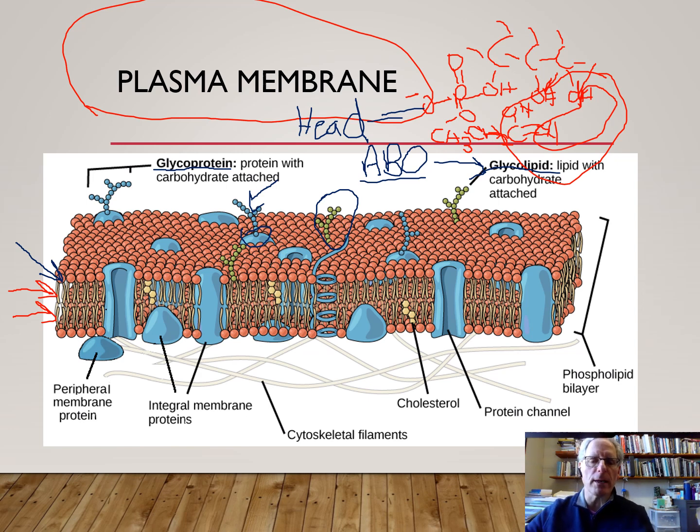And then you also have embedded in the plasma membrane and other membranes in your cells this thing called cholesterol. Cholesterol has a steroid nucleus. Cholesterol regulates the fluidity and stiffness of the membrane. Cholesterol is also an important precursor for the synthesis of vitamin D and for all steroid hormones in your body.